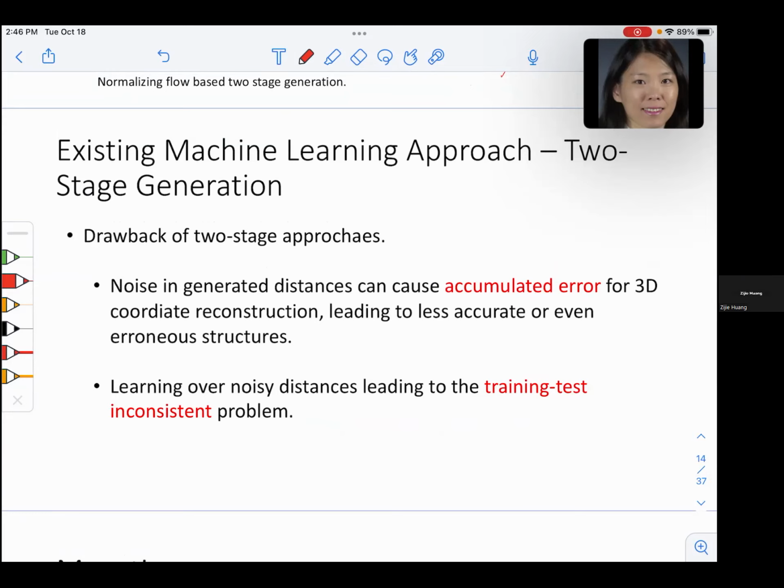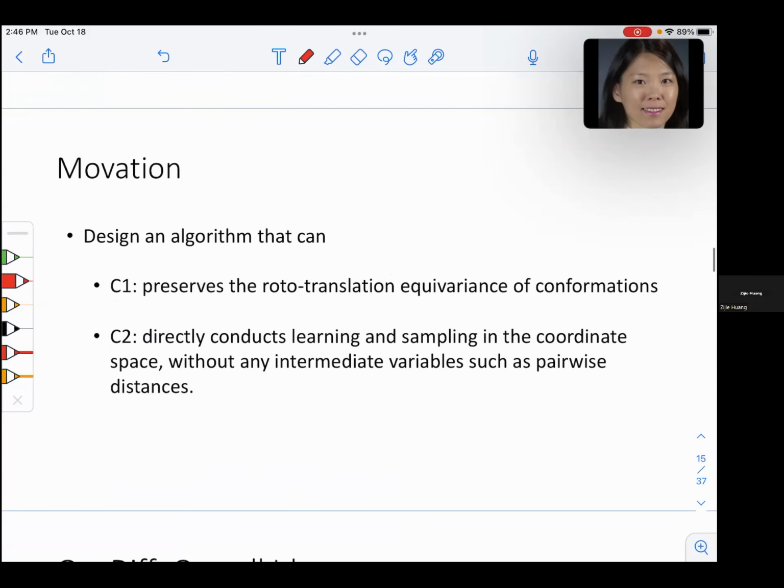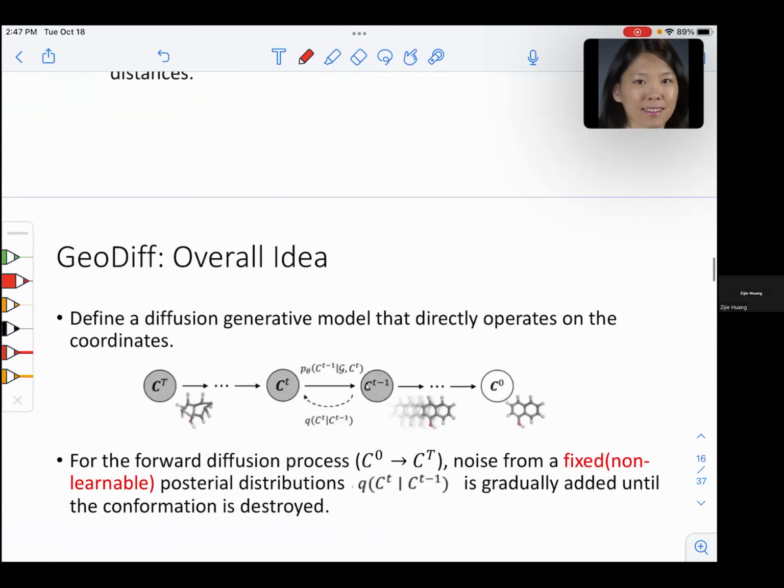They can potentially have accumulated error and have a train-test consistency problem. So that motivates this paper to design an algorithm that can preserve the rotation and translation equivariance of conformations, and in the meantime, directly conducts generation in the coordinate space without any intermediate variables such as pairwise distance.